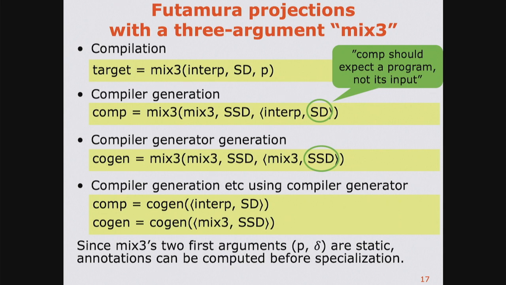And so this mix is being partially evaluated by this one, and this one has a lot more information at hand when making decisions on how to transform the interpreter during partial evaluation. So we get a compiler that works like a normal compiler.